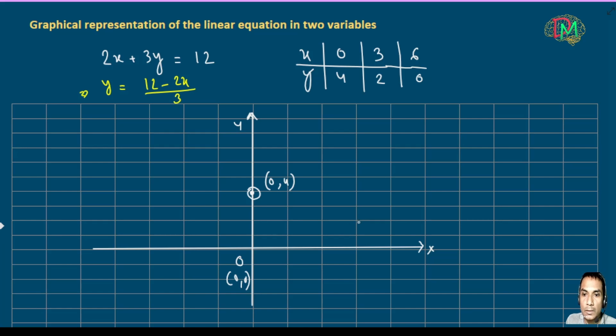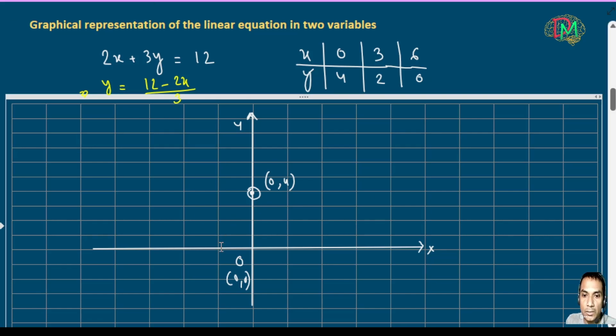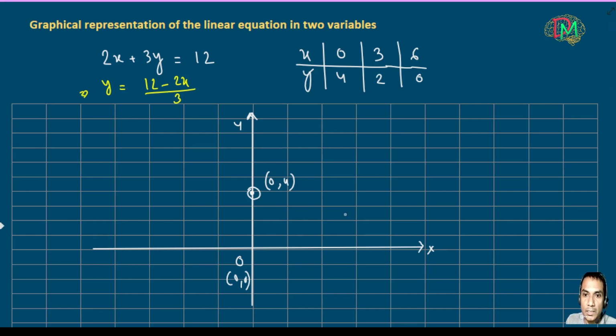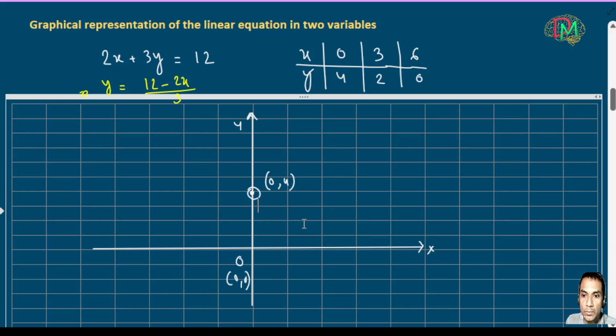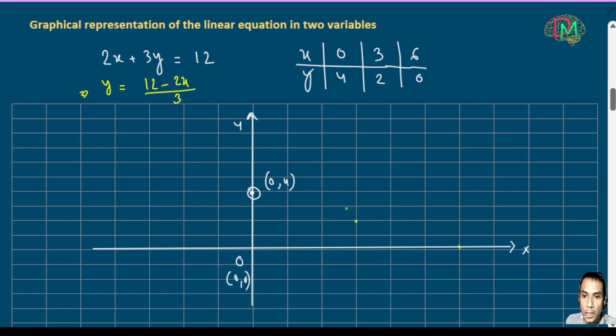Then we have to extend it. This graph sheet is actually not proper because the cells are not exactly square, so we are getting a deformed graph. To shift this, here we get 3, 2 and here 1, 1, 2, 3, 4, 5, 6.